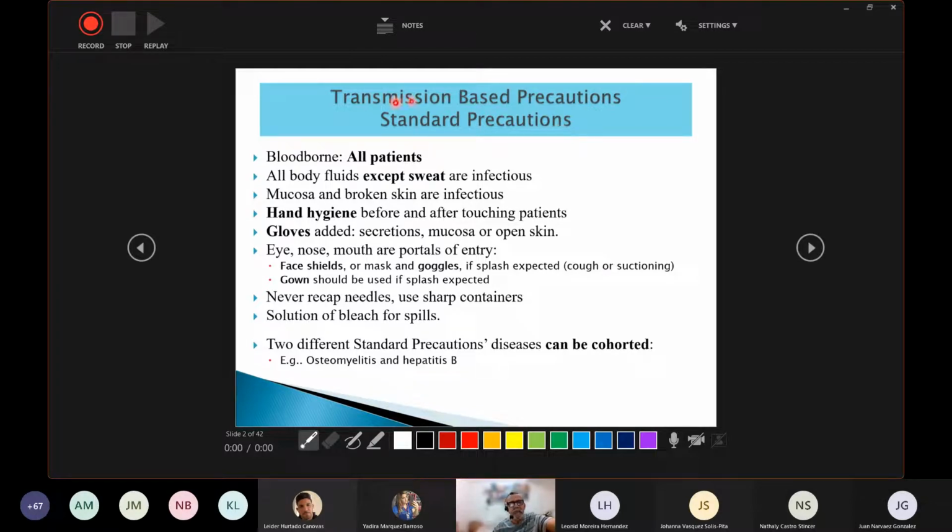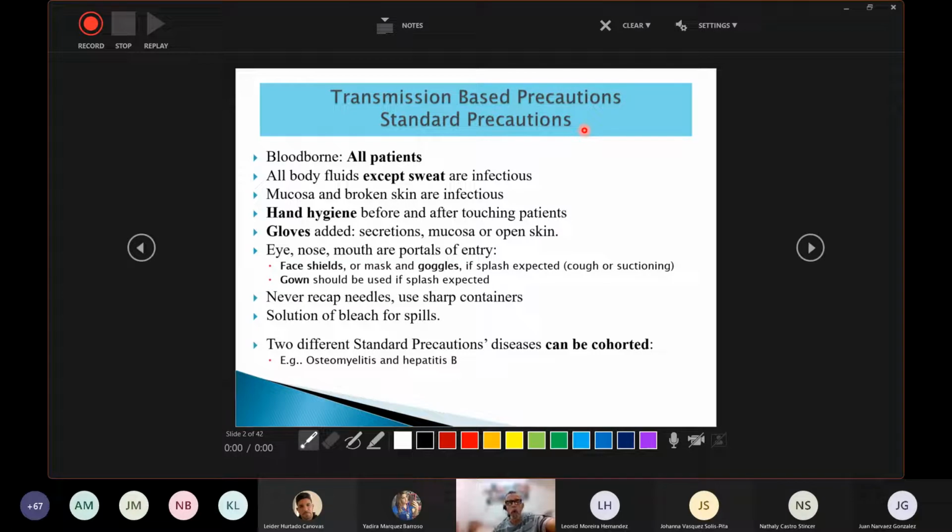So it's important to understand that these infectious, contagious diseases that are only standard precaution do not require isolation, and the patient can be in a room together with other different clients.